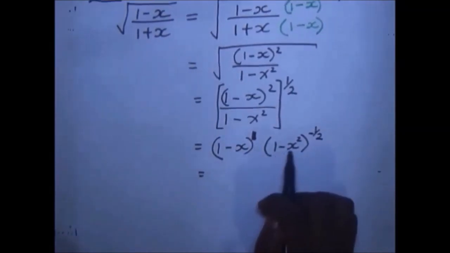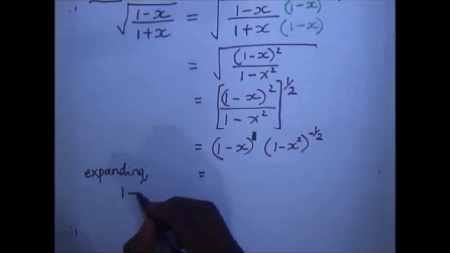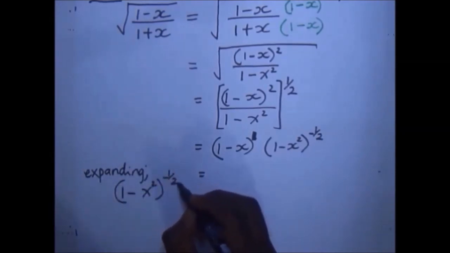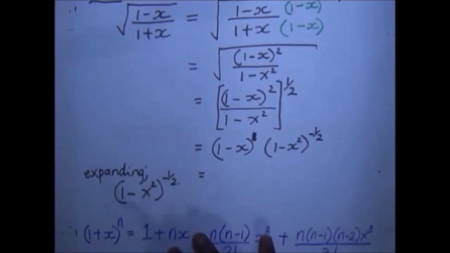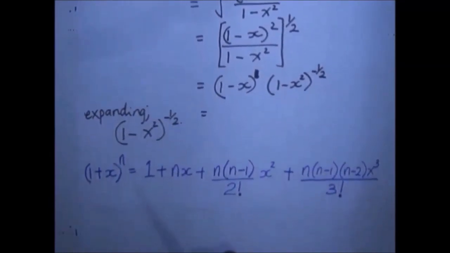So now what about 1 minus x squared to the power negative a half? It means that our value of n is negative a half. And since the value of a is 1 and the value of b is x squared, we are simply going to use that expression like we have been using in our previous videos.